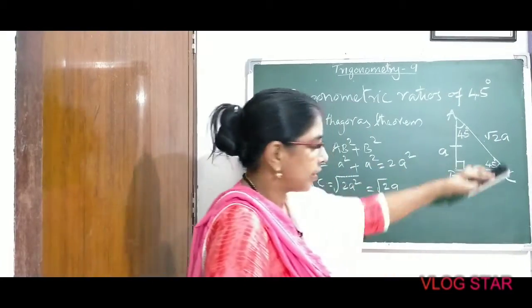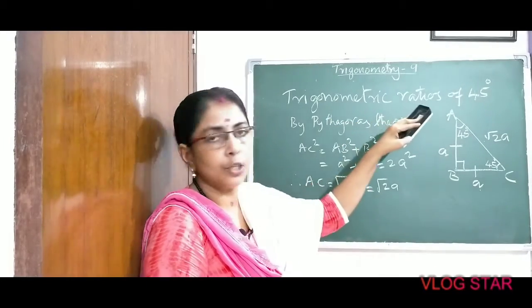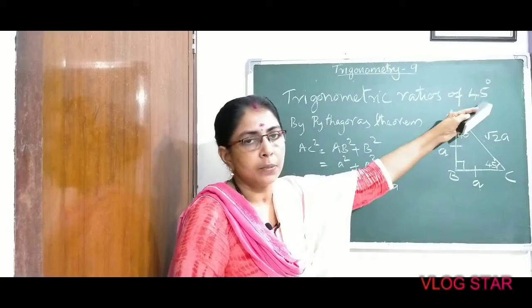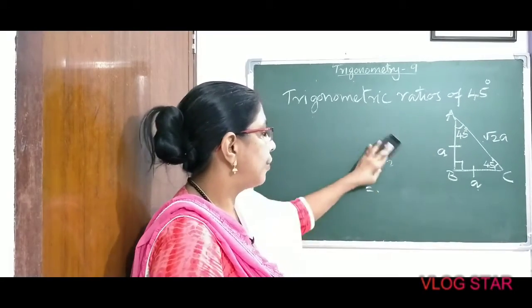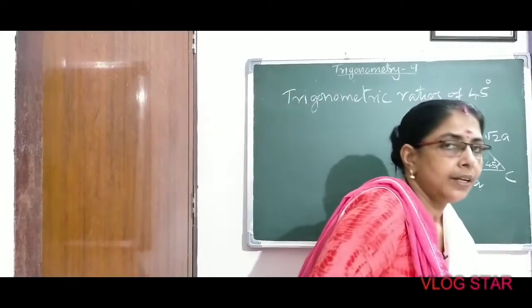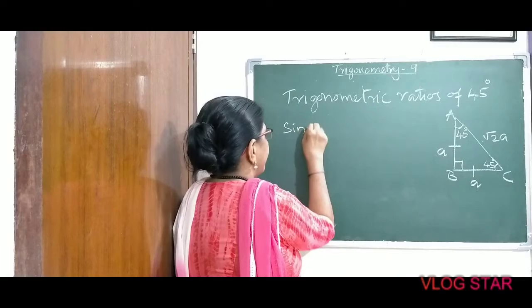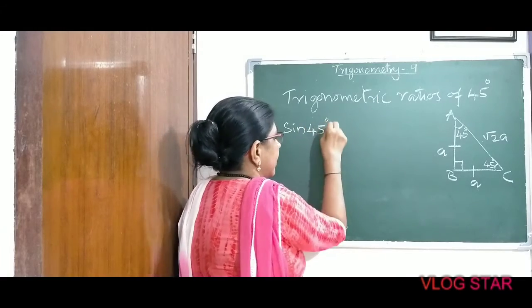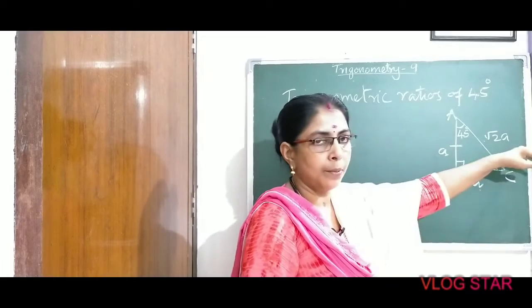Now we have all the measures of the sides of this right triangle. Then we have to find all the trigonometric ratios of this specific angle 45 degree. First we find sine 45. We know that sine of an angle is side opposite to that angle upon hypotenuse.